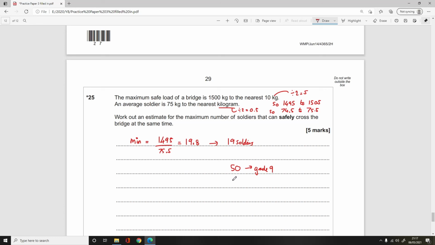Maybe 43 marks for the grade 8, and then maybe about 35 marks for the grade 7, and then just to say for grade 6 we would want in the region of 26 marks.